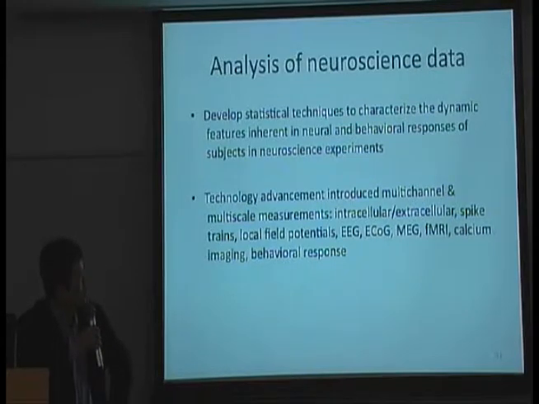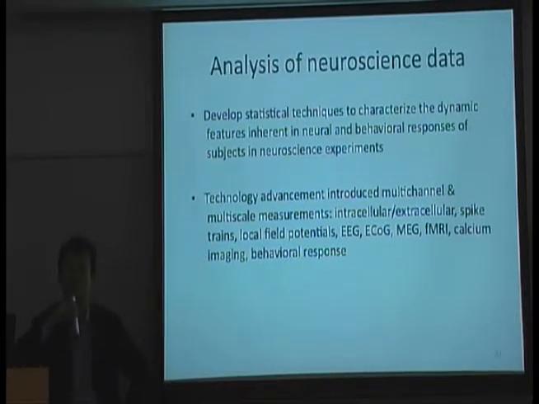As you know, nowadays technology advancement really gives us a lot of opportunity and freedom to collect a lot of data simultaneously, in different modalities, either intracellular recording or extracellular recording, sometimes both simultaneously. The extracellular recording, for example, may include spike and field potential.